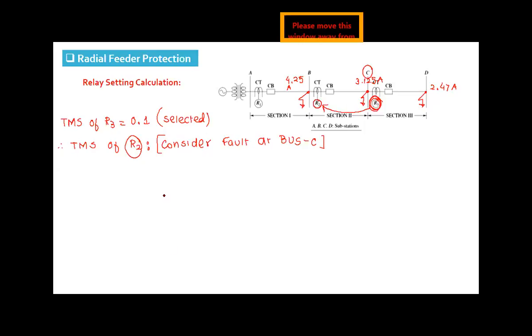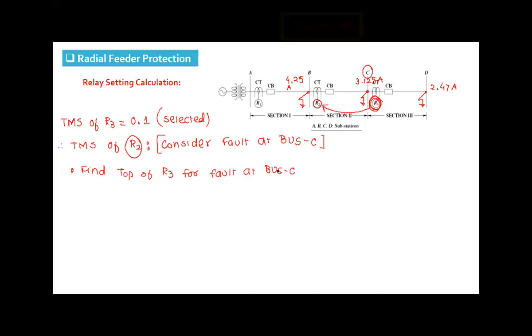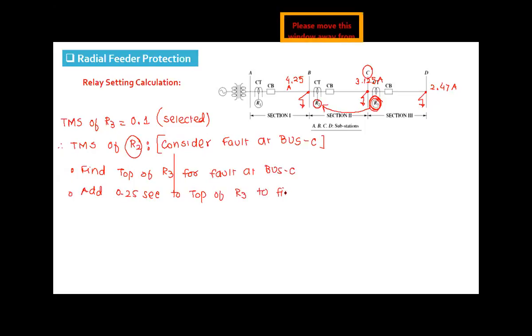Okay, like this. So I will write the steps here. Find TOP of R3 for fault at bus C. Add 0.25 seconds to TOP of R3 to find TOP of R2.